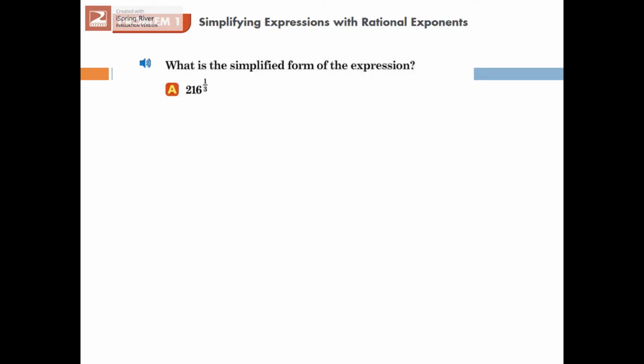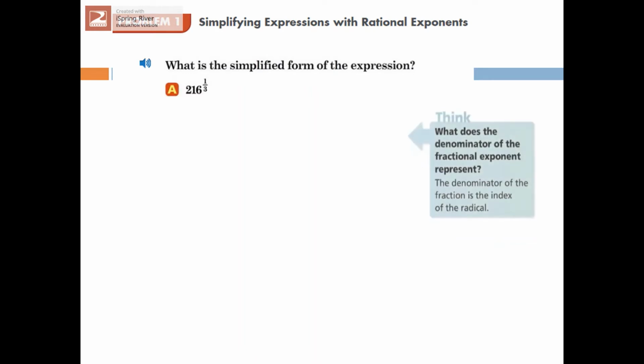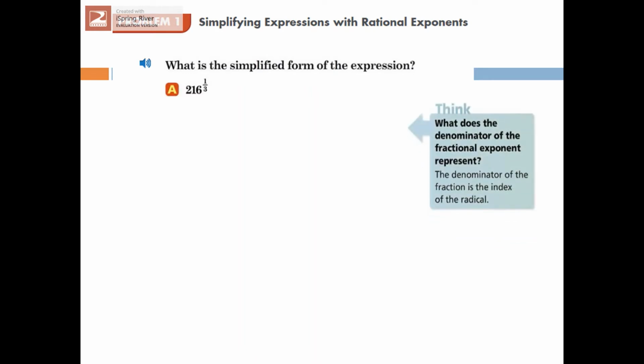Problem number 1. Simplifying expressions with rational exponents. Part A. What is the simplified form of the expression 216 raised to 1 over 3? Think, what does the denominator of the fractional exponent represent? The denominator of the fraction is the index of the radical.